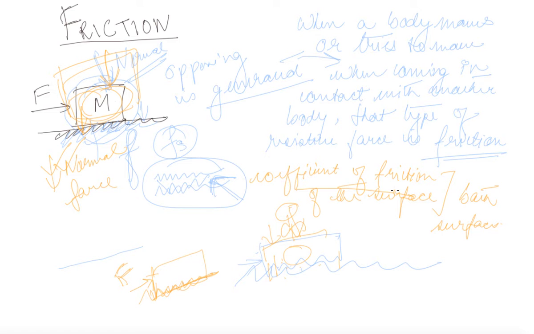Now let's move into different types of friction. One type of friction is static friction. Static friction: when the body is not moving, it still has a friction that is holding the object.